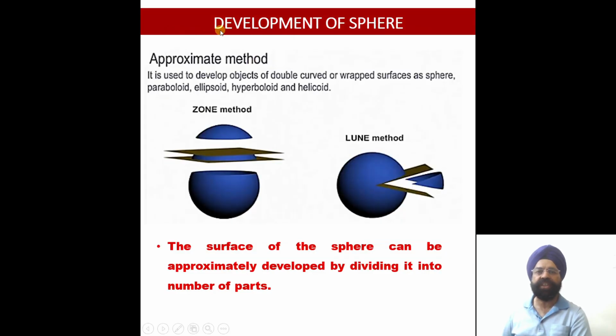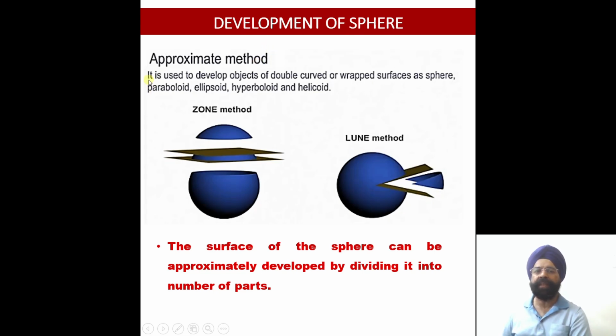Now, today's discussion will be about the development of a sphere, and as we have already discussed, development of the sphere is not possible by using the conventional development techniques. So here we are going to use an approximate method for making the development of the sphere.